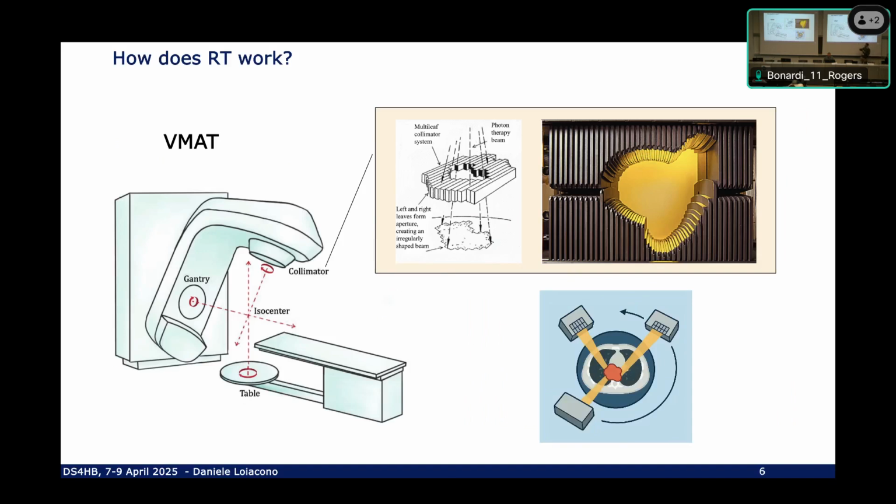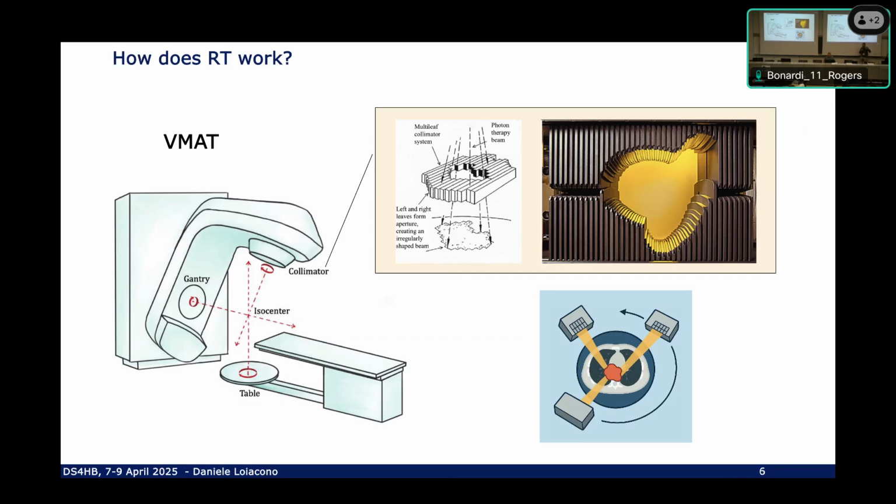And in VMAT, the machine that delivers the radiation is a very advanced machine that allows you to control the shape of the beam of the radiation through a component that is called collimator, that is basically a multi-leaf structure that you see in the picture above here.